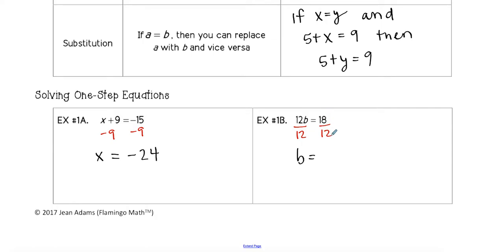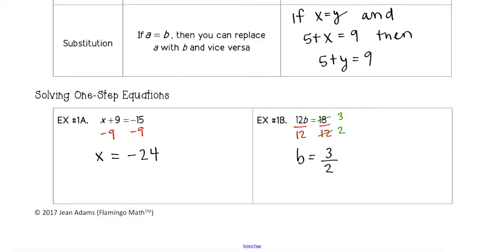We just might have to reduce some more. And then let's go bigger. 6, right? 6 goes into both of these. So I'm doing 18 divided by 6, which would give me 3. I would do 12 divided by 6, which gives me 2. Look at 3 and 2. Is there any number that goes into 2 and into 3? Nope. So this is in simplest form. So your answer would be 3/2.